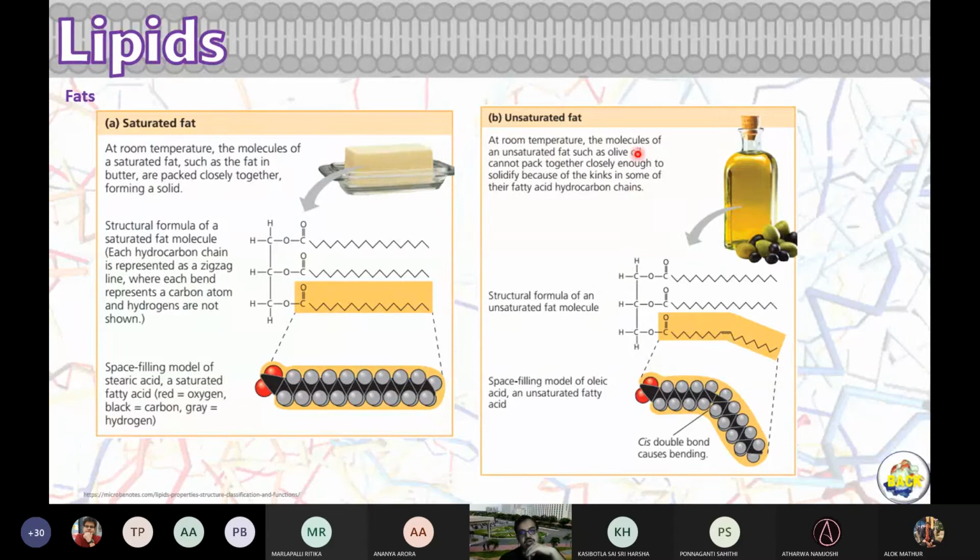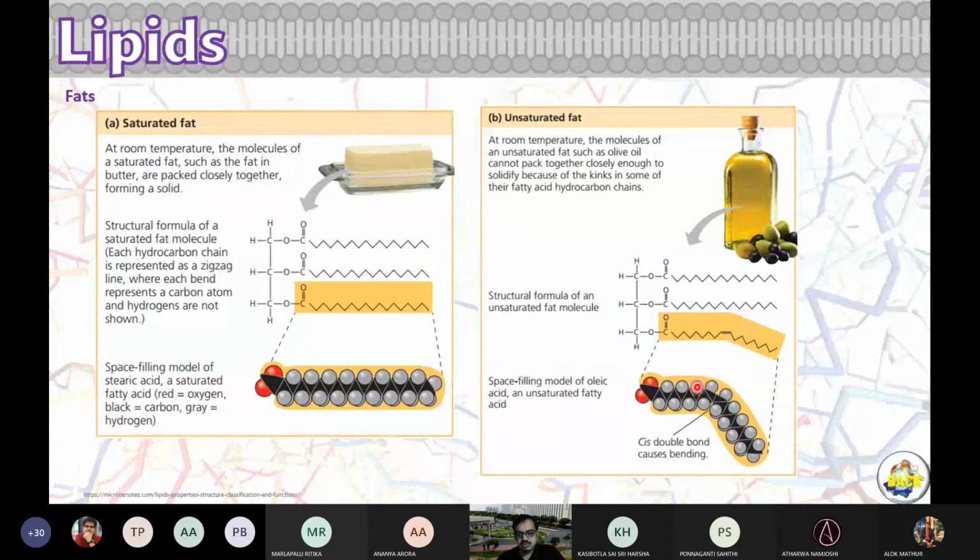Olive oil and the majority of oils we get are actually unsaturated fats. How to make them saturated? There is a process called hydrogenation, as we all know, and that's how they make vegetable oils, vanaspati. With hydrogenation, they quench these carbon atoms with additional hydrogen and make it a straight carbon chain.